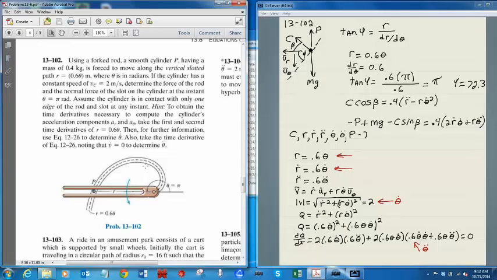So once you have the theta double dot, then I can come up here and get the r dot and the r double dot. I just come back in, plug numbers in, and I'll get the value of r, which you can do right now. I mean, theta is equal to pi, for example. And once I have the number for theta dot, I'm going to get r dot here, and once I have the number for theta double dot, I'll just plug into here and get the r double dot. So that gets me the theta dot, theta double dot, the r dot, and the r double dot.